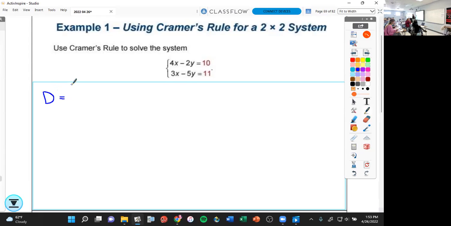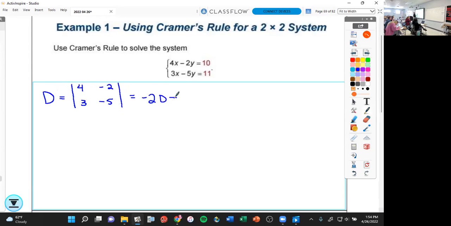My coefficient determinant is going to include what numbers? 4 and negative 5. Now do 4 times 5 minus 4 times negative 5, minus 3 times negative 2, negative 6. Okay.